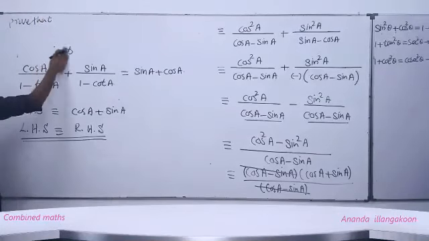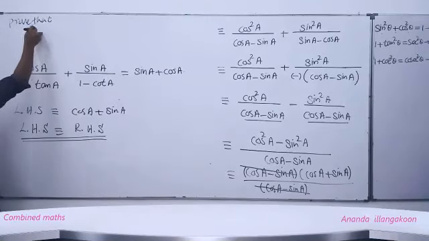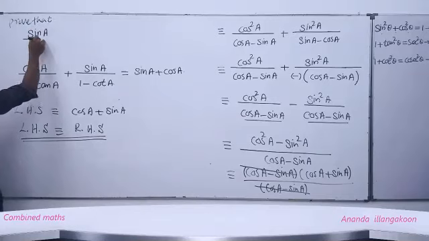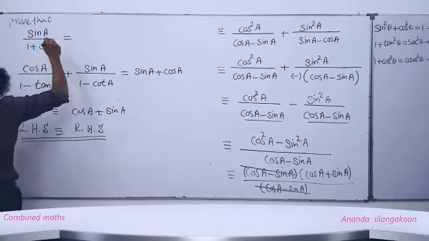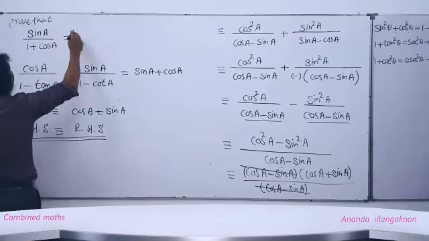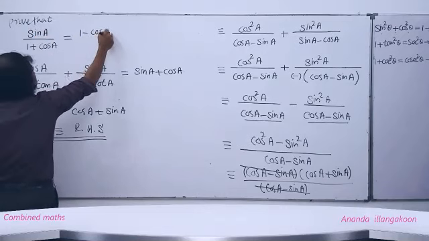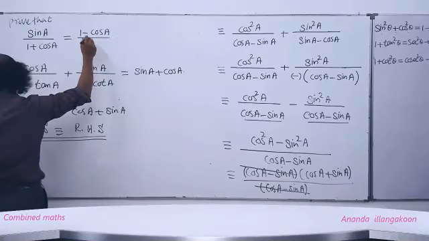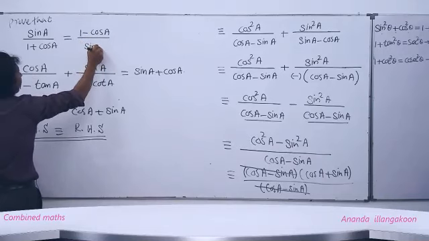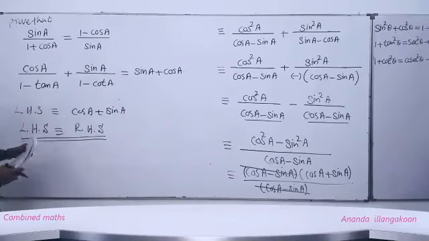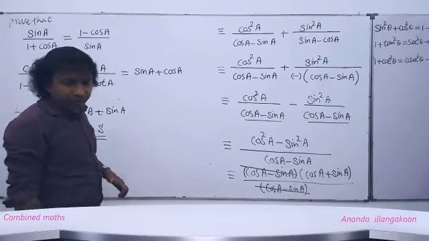Prove that sine A divided by 1 plus cos A is equal to 1 minus cos A divided by sine A. This is what we need to do next. Right? Take a few minutes, people, and try.